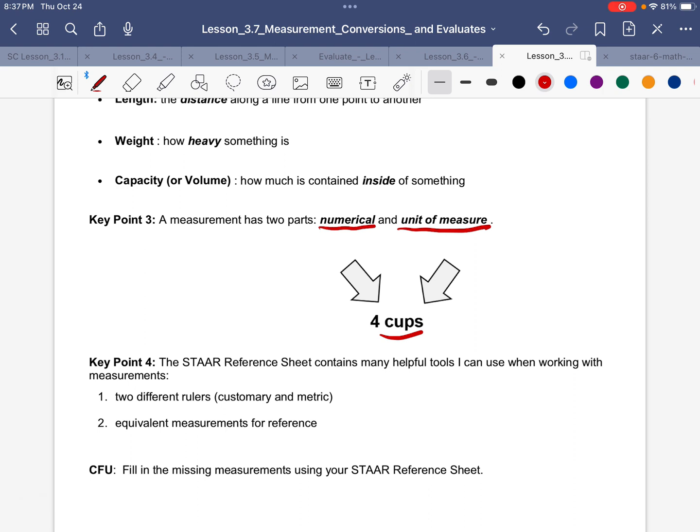The next key point is talking about the reference sheet, and it contains a lot of helpful tools, and you can actually use this on your STAAR and other assessments. So you need to get used to using it, right? There are rulers on it as well.